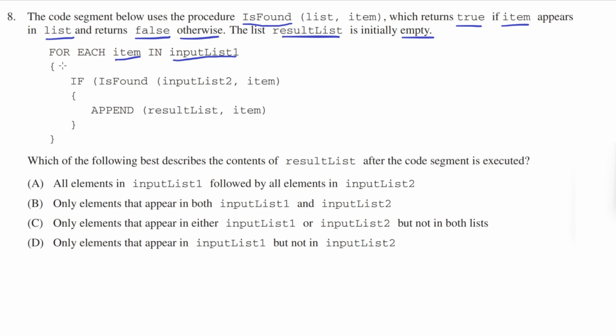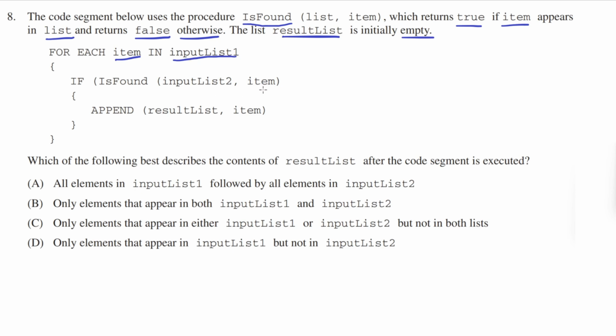So for every item in list 1, we're going to run this conditional if statement that runs is found on the item that we're currently iterating through in input list 1. So this is just like the current item we're on.